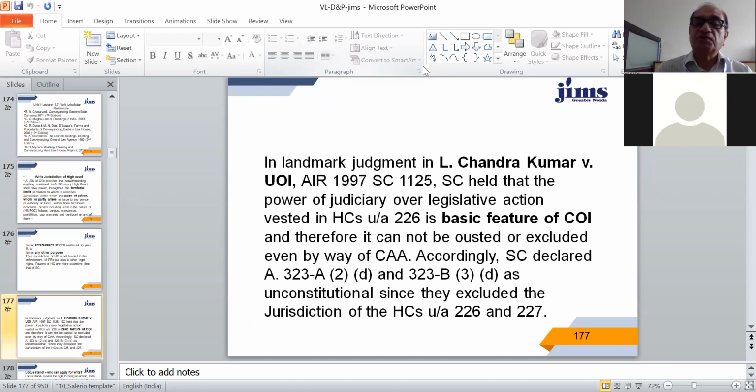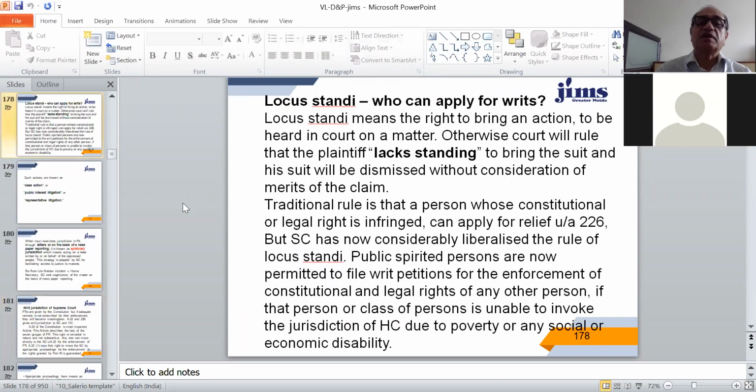Accordingly, the Supreme Court declared Article 323A clause 2(d) and 323B clause 3(d) as unconstitutional. Why? They excluded the jurisdiction of the High Courts under Articles 226 and 227. Thus, they were declared unconstitutional.